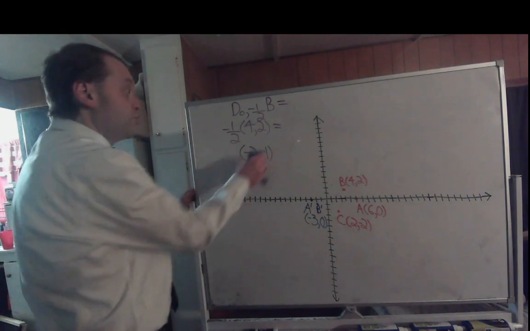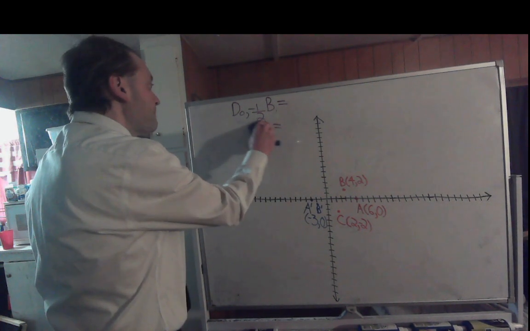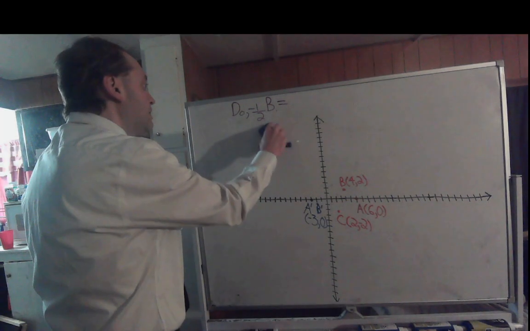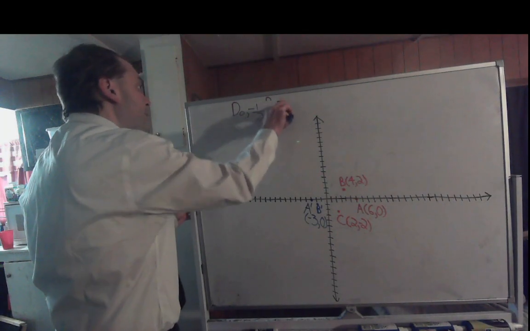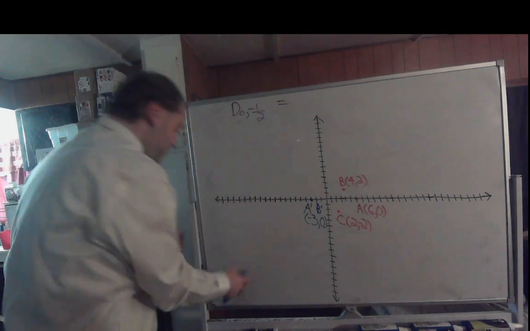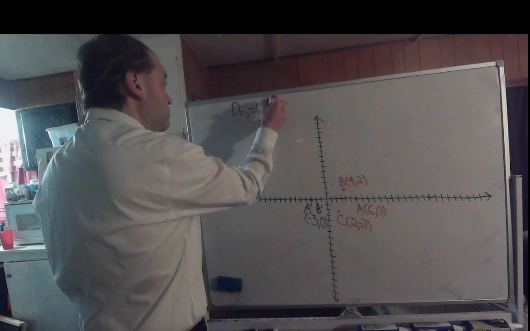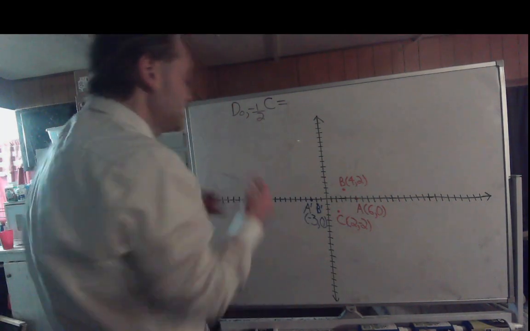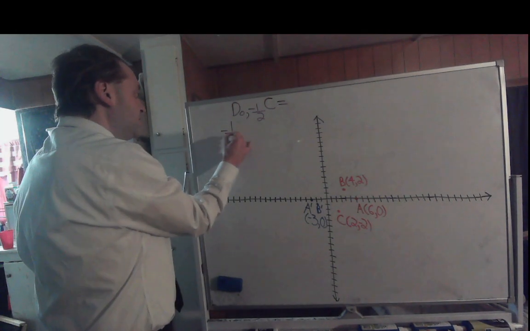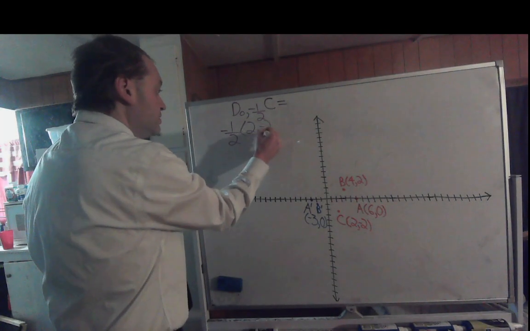Now let's do this at point C. So if I dilate through the origin by a scale factor of negative 1/2 at point C, just take that negative 1/2 times my coordinates of C, which would be 2, negative 2.